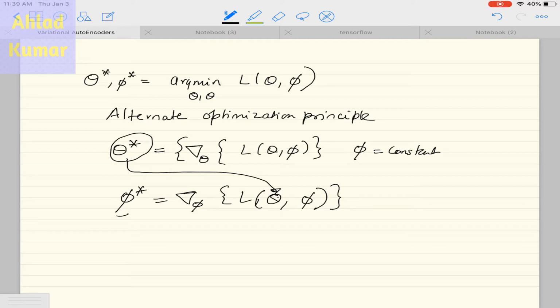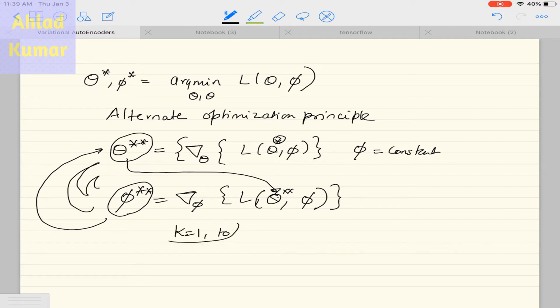Once you obtain the value of phi star, you go back to the first optimization, put the value of phi star there and calculate theta double star, and then calculate phi double star by putting in theta double star. This cycle keeps repeating for a fixed number of iterations, which can be from 1 to 10. Then you obtain the optimal values of theta and phi.